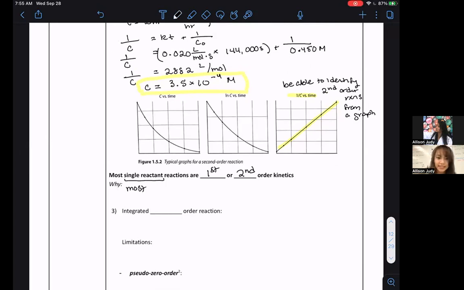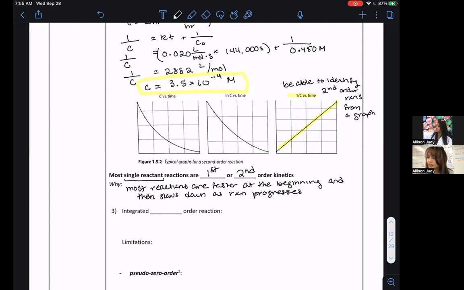Because most reactions are faster at the beginning and then slow down as the reaction progresses. Which I've already told you kind of makes sense, right? Because your reactant concentration decreases, and if you have less particles that can collide, you also just have less probability of collision, right?